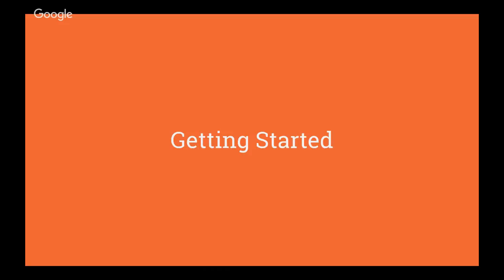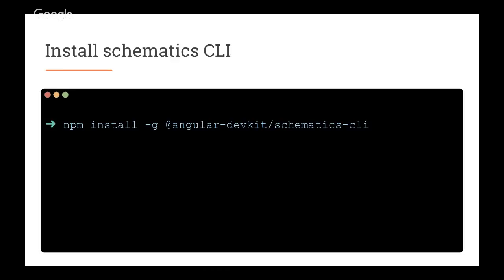All right, so let's walk through how you might get up and running with building a schematic on your system. First thing, we're going to want to install the Schematic CLI. This is going to let us execute the schematic locally on our machine, as well as help us generate a starter project.